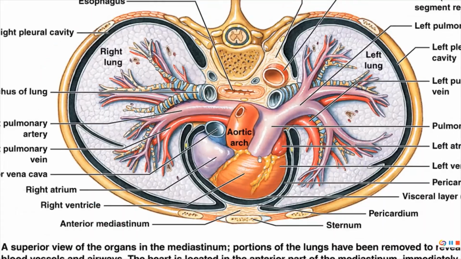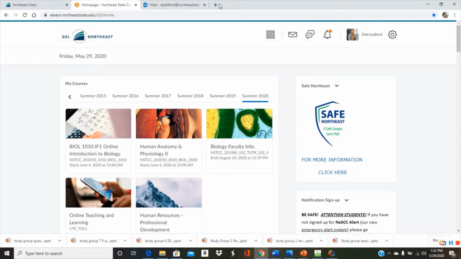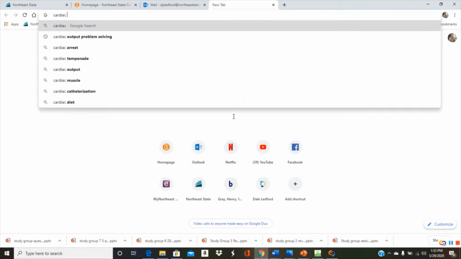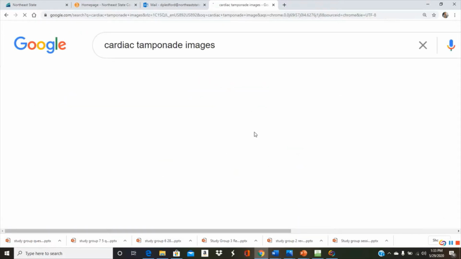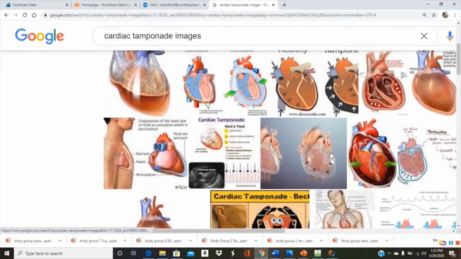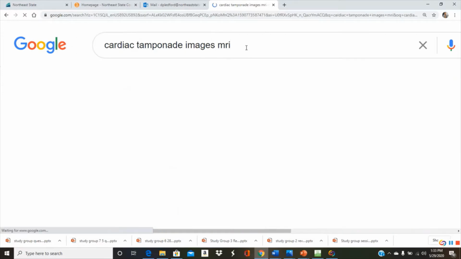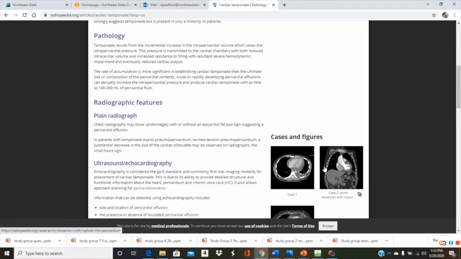I've seen images of cardiac tamponade patients, and I want to show you guys what it looks like. Let's look at an MRI or echo. Here's a radiology reference to it, and you can actually see what happens in a case of cardiac tamponade.